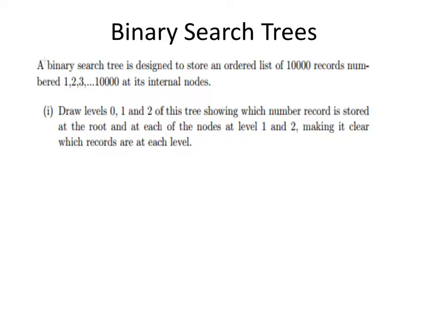We have to identify the root node. And the way we do that is we use this little formula here. The floor function of (n plus 1) all over 2, where n is the number of items, n is 10,000 from up there.